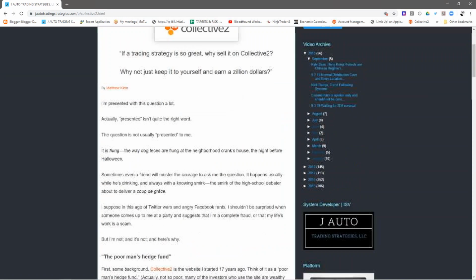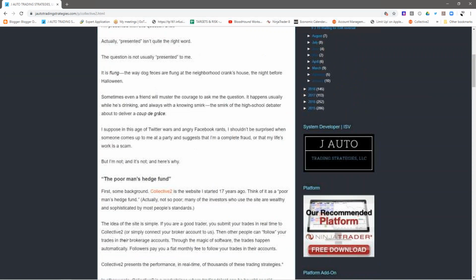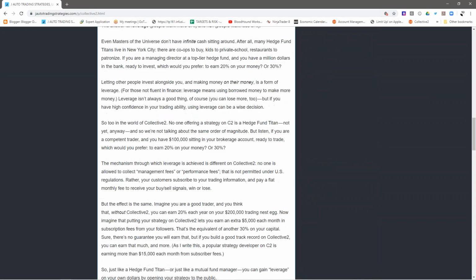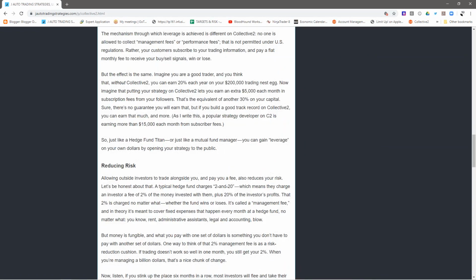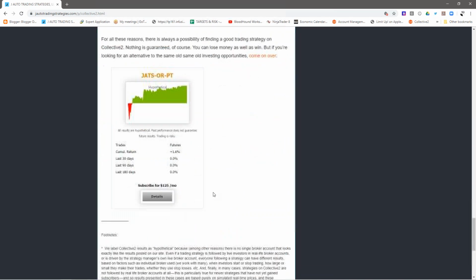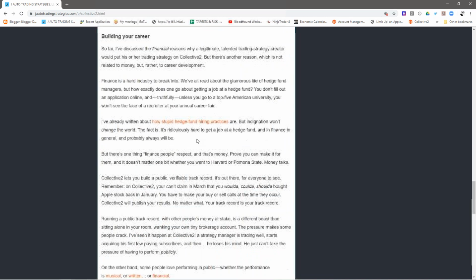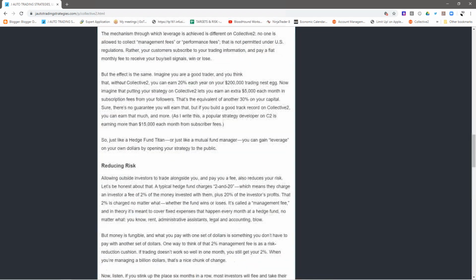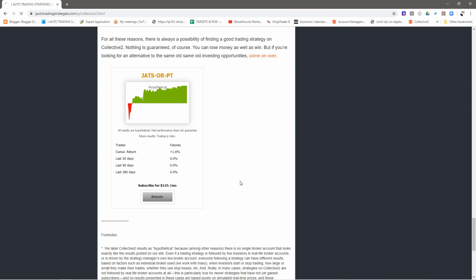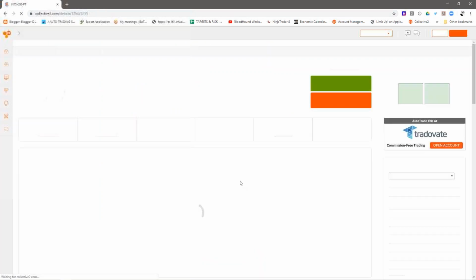Collective2, so if the strategy is so great, why are we posting it? To perhaps allow hedge funds and money managers to follow the trades. Well, it's because it's available, and it also tracks and validates the strategy.